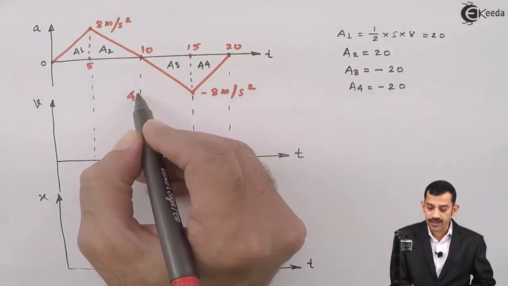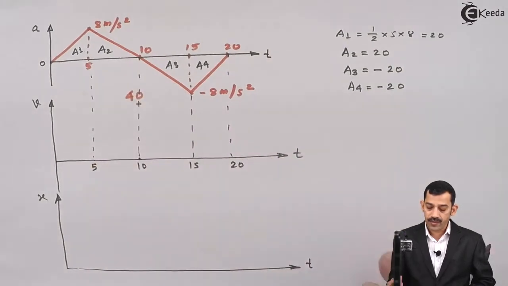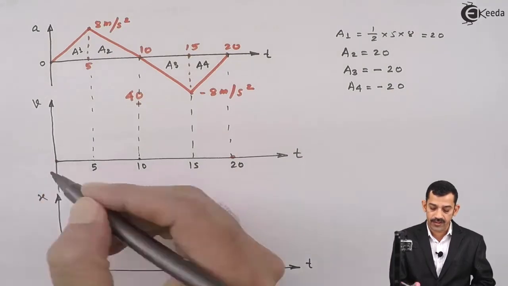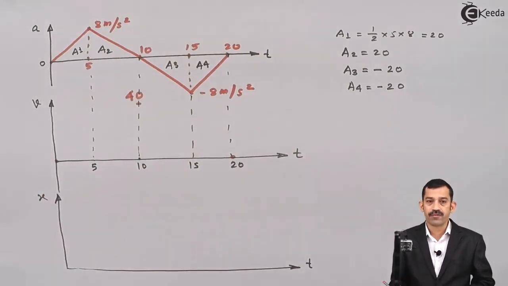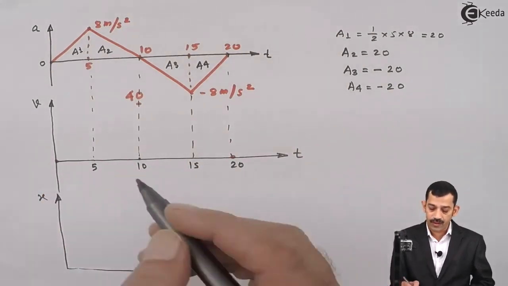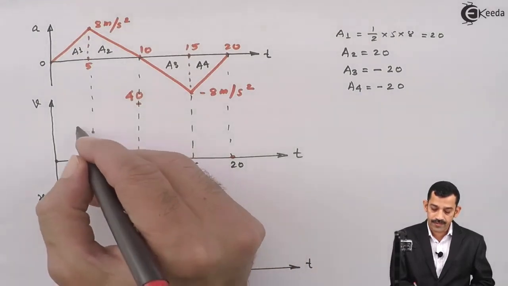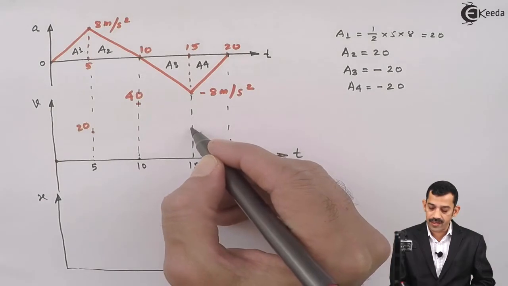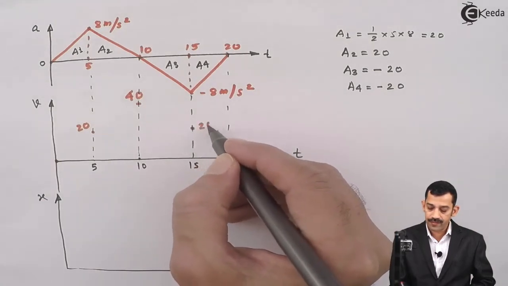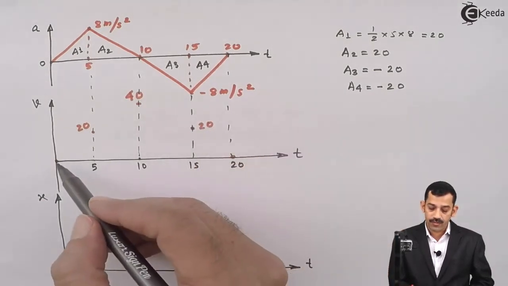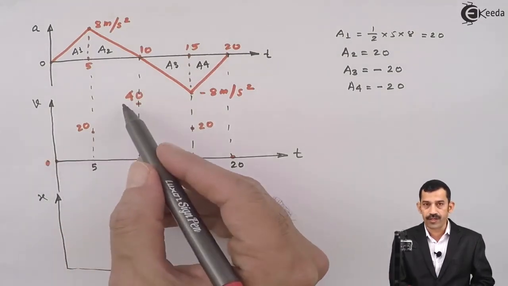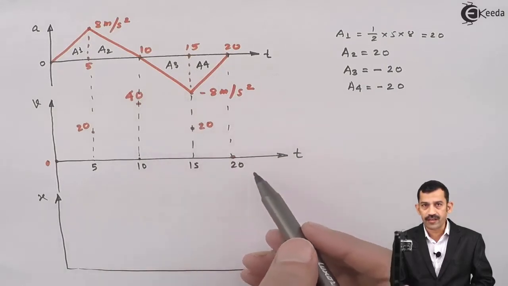Velocity at 20 seconds is 0, velocity at 0 seconds is 0, velocity at 5 seconds is 20 meters per second, and velocity at 15 seconds is again 20 meters per second. That means the curve must pass through 0, 20, 40, again 20 and 0.